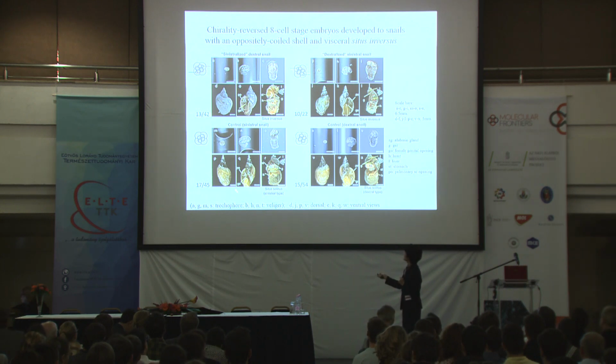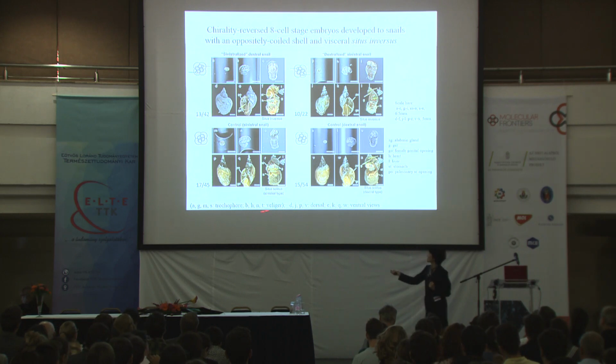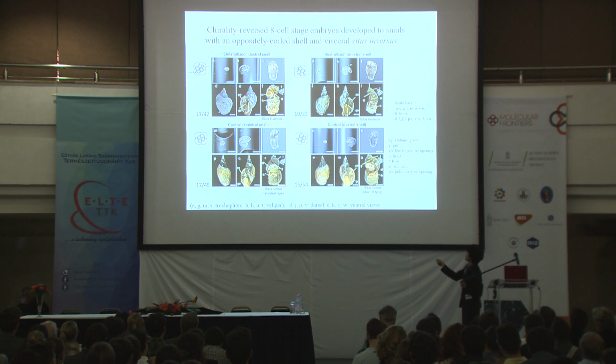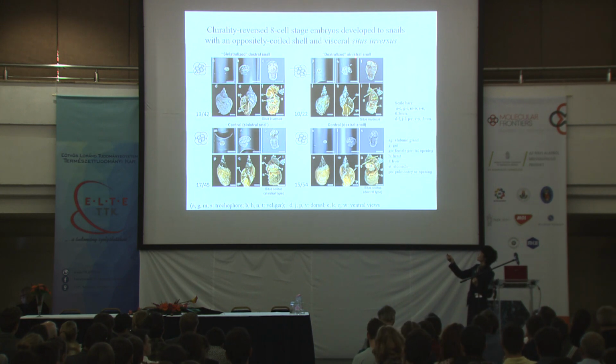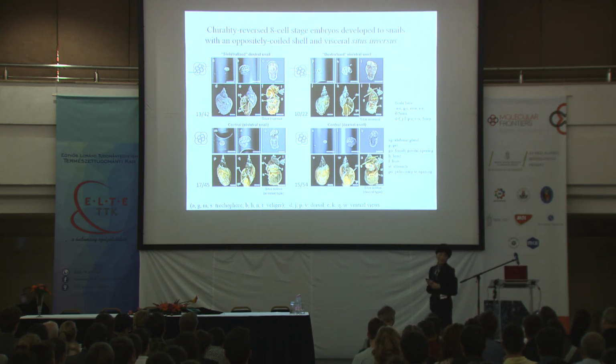Look at this. Just like a sinister snail. Bottom is the control for sinister snails, and this is the control for dexter snail. And if you dexterize the sinister one, this was a sinister embryo, but you get a perfectly dexter snail. So you can create a mirror image creature.